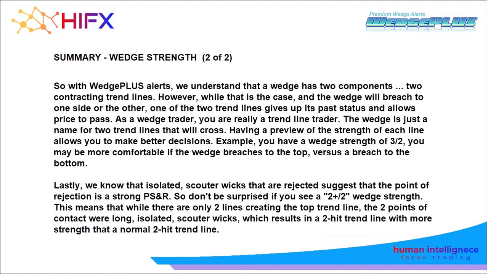And the only time that has value to you as a trader is when that wick is isolated, meaning amongst all the other candles left and right, it's the only one with that big wick hanging up there reaching out to touch a trend line or a support and resistance line. So an isolated big wick, I call them scouter wicks.